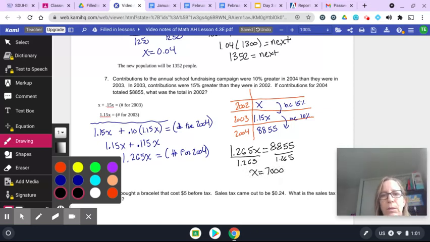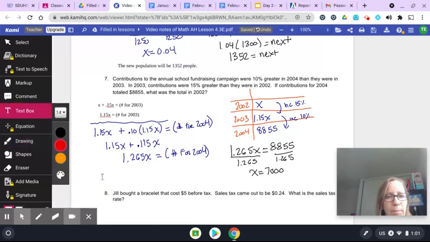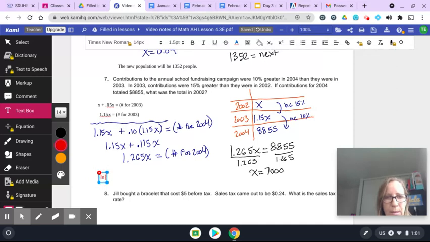So I know that in 2002, they contributed $7,000. In 2002, $7,000 were contributed.